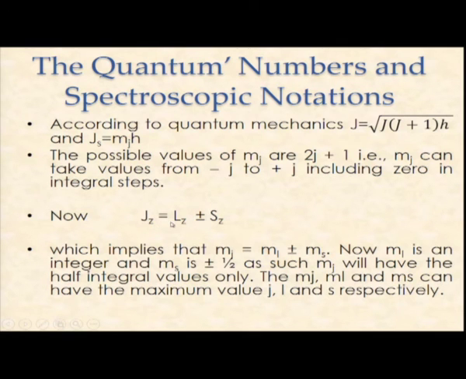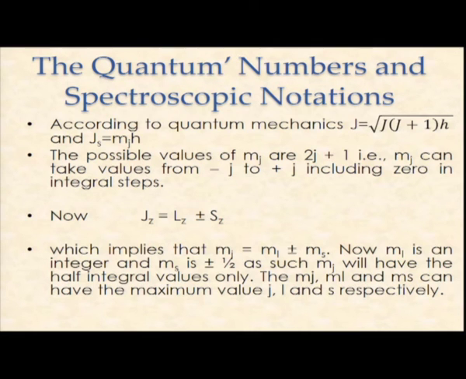Now, jz is equal to lz plus or minus sz. This is how the total angular momentum quantum number can be obtained by summing the orbital angular momentum quantum number and the spin quantum number, which implies that mj is equal to ml plus or minus ms. Now, ml is an integer and ms is plus or minus half.